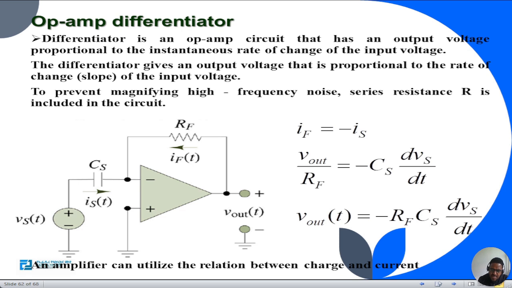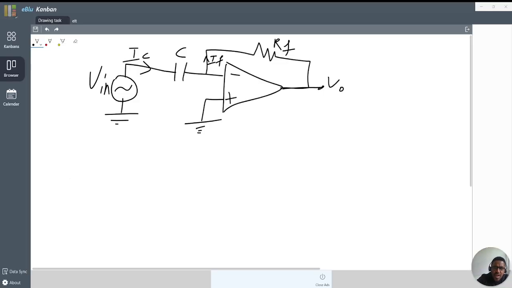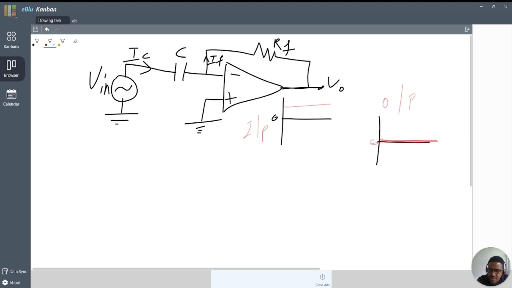So what does it mean when you apply a DC signal at the input? Our output becomes 0.